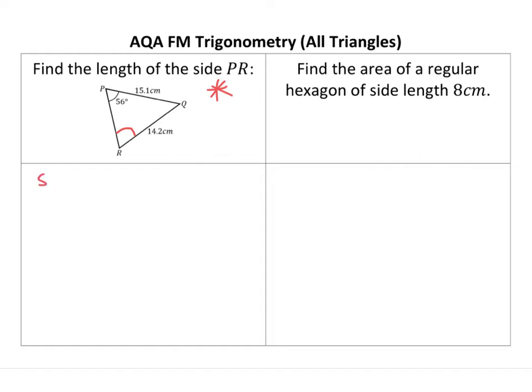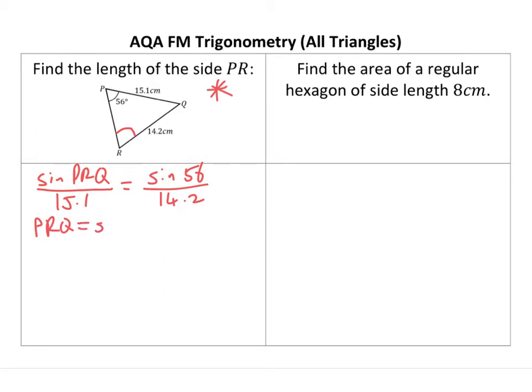So here we go. Sine of PRQ over its opposite side equals sine of 56 over its opposite side. And so therefore PRQ is the inverse sine of 15.1 times sine 56 over 14.2, which should give me 61.8 degrees.